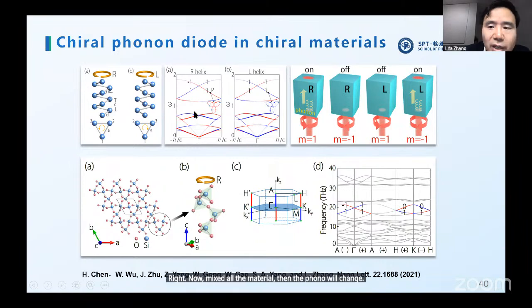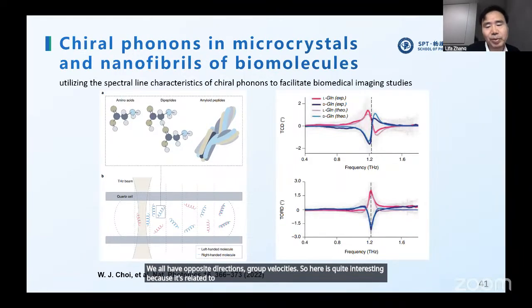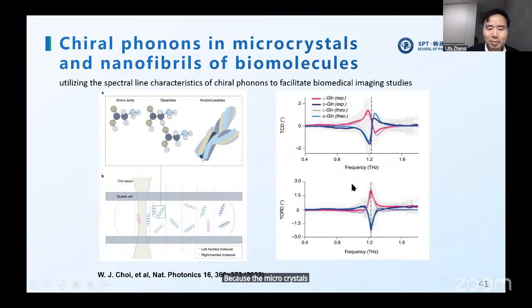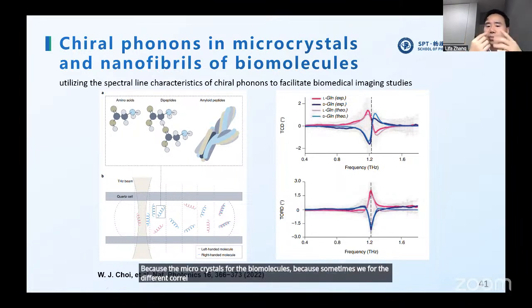So when the chirality of the material changes, the phonon will change. For one helix material, a chiral material, the two correlated phonons will have opposite group velocities. Here it is quite interesting because it is related to biomolecules, or microcrystals of biomolecules, because different chiral materials sometimes have quite different properties.